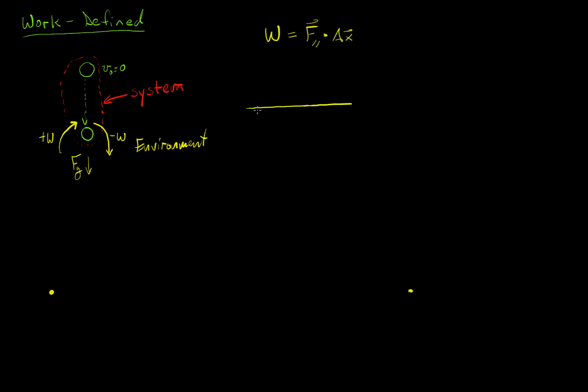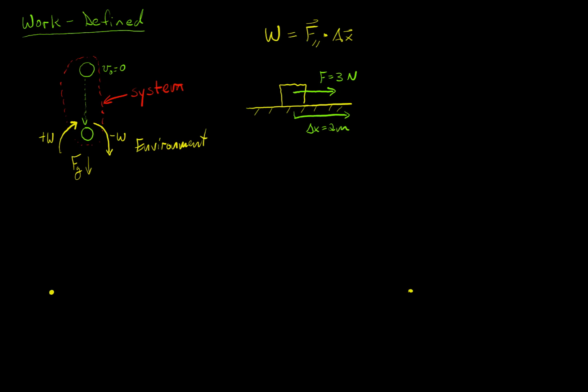Suppose that I have a solid surface, and I have a box sitting on the solid surface. On this box, we're just going to apply a force. Maybe we tie a rope to it and we're going to pull it across the floor. So we have some force, let's say 3 newtons. And then we're going to pull it a certain distance, let's say 2 meters. Delta x is 2 meters.